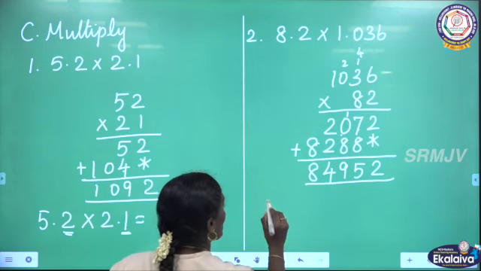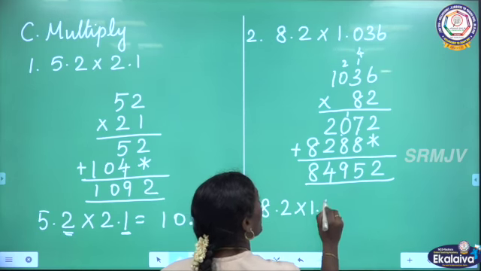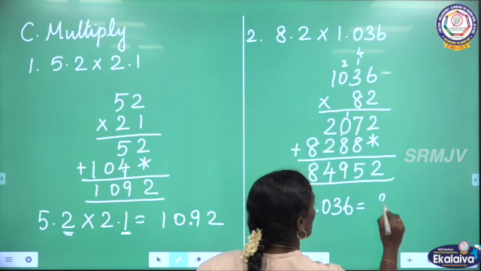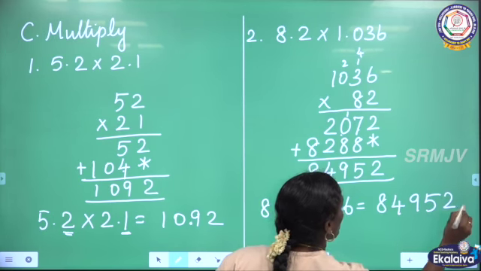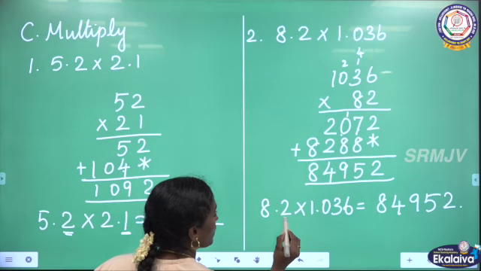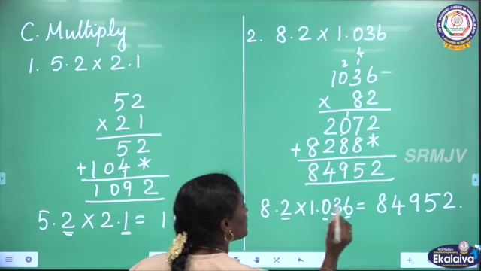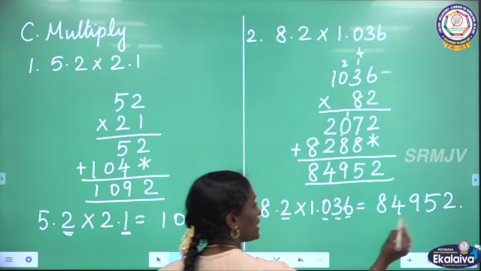Now we are going to write the answer for the given question, 8.2 into 1.036. We got 84,952 in the answer. We have to keep the decimal point alone. Here in the first number 1 decimal place, in the second number 3 decimal places. Totally 4 decimal places we need in the answer.